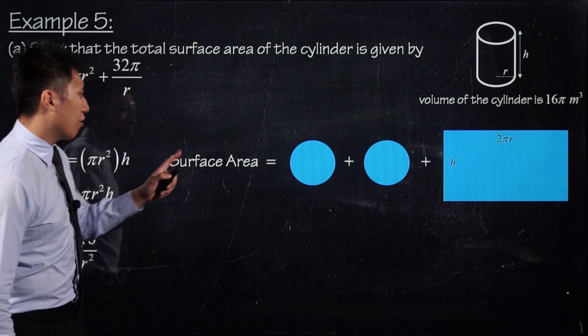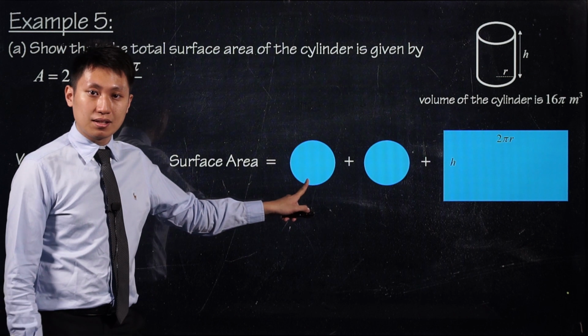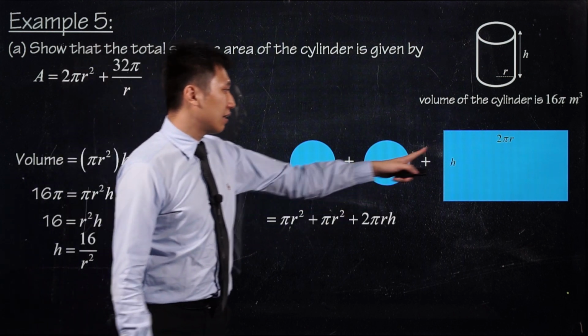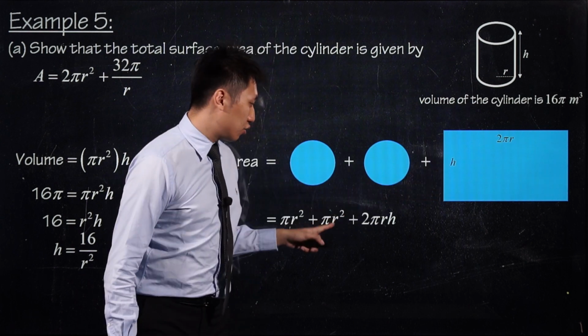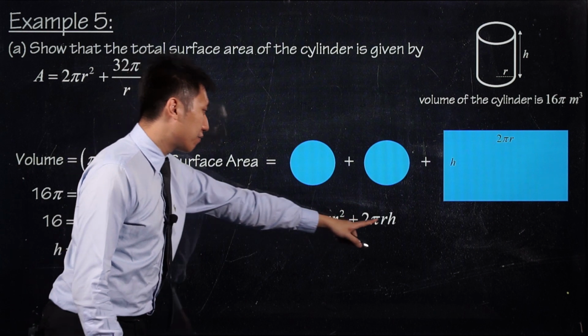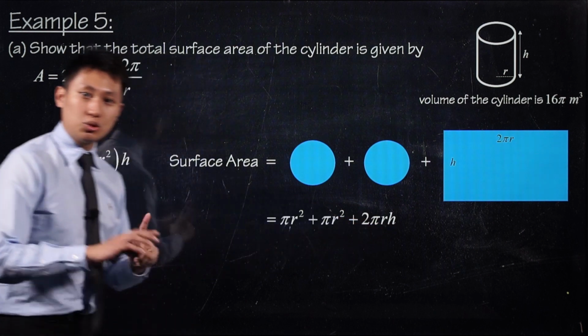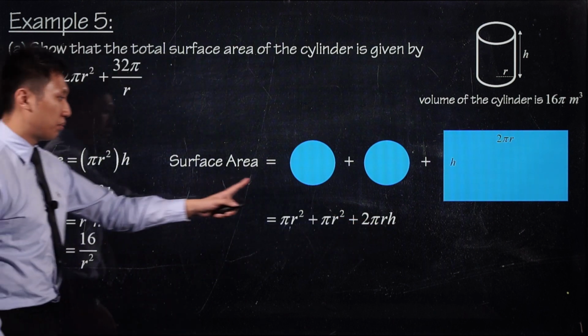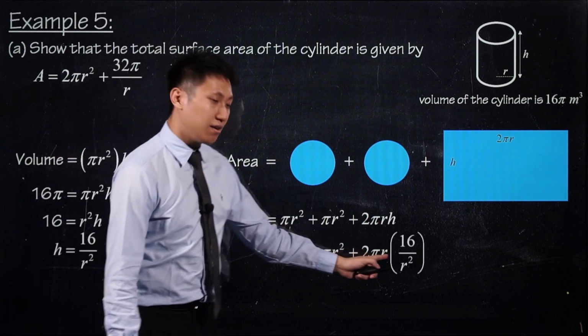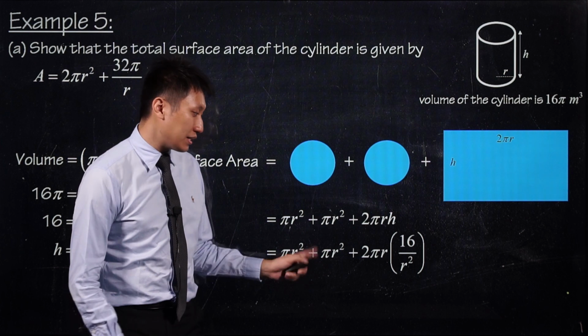Okay? And now, can you tell me what's the area of this? Yes, pi r squared. So pi r squared plus 2 pi r h. Now, what do you have? You have r and h. H, you can use this one to put it here to replace everything. And I put the h over here, and I get this one. So I simplify a bit.